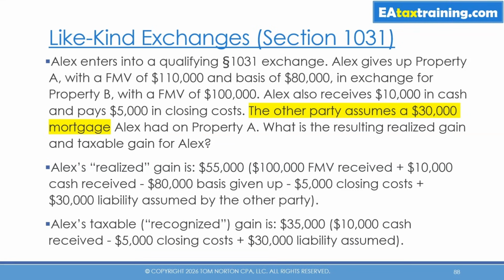So how much is his taxable gain? Well, it is $35,000. It's the same $5,000 that he recognized in the previous one, plus the $30,000 of mortgage that was assumed. So for the exam, you should be able to do an example like the ones that I have shown you here, and you can see publication 544 for further examples.